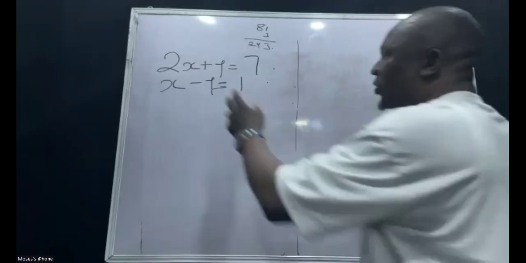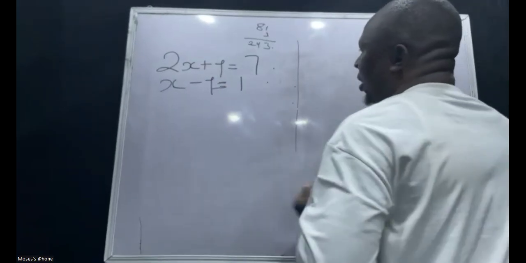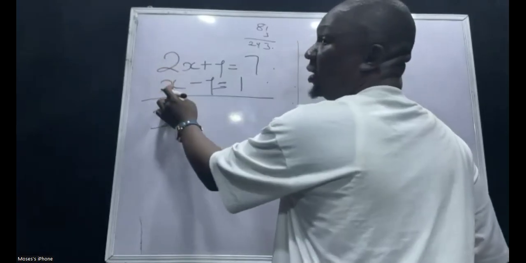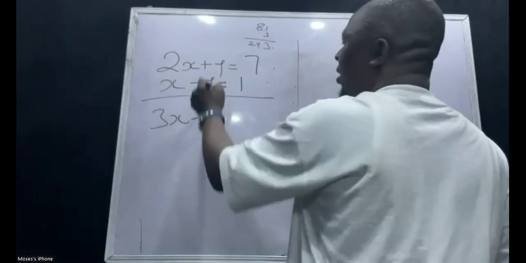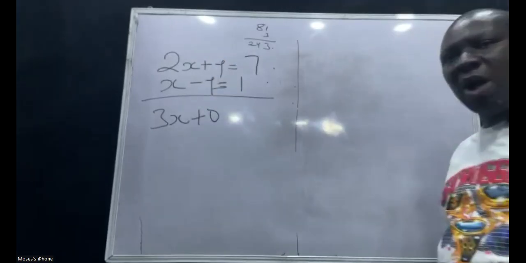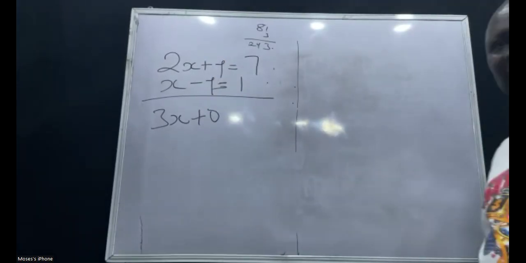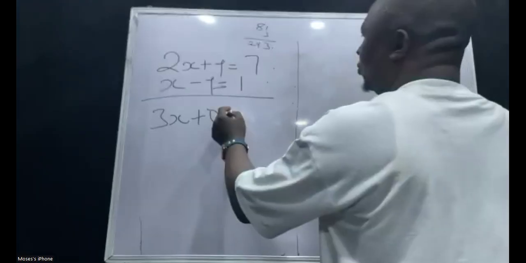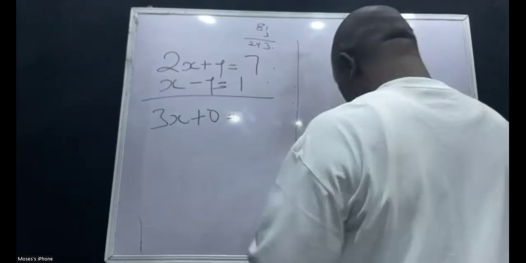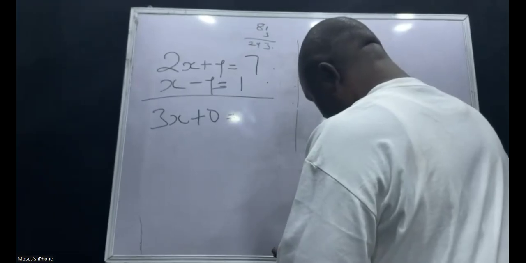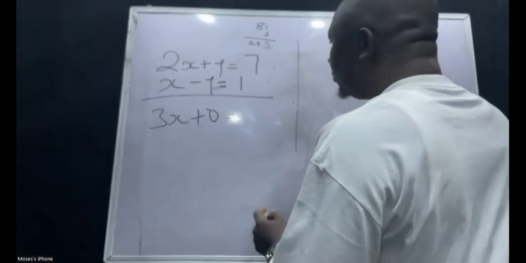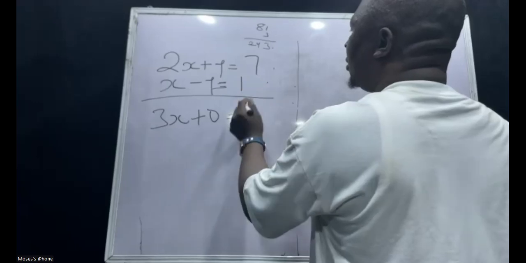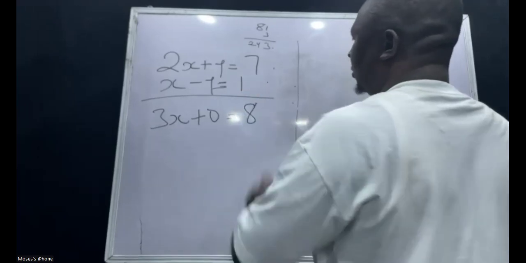When you add it together, you're going to have 3x, 2x plus x plus 0. This one will go, because plus y minus y is 0. Which equals to 7 plus 1, this is 8.